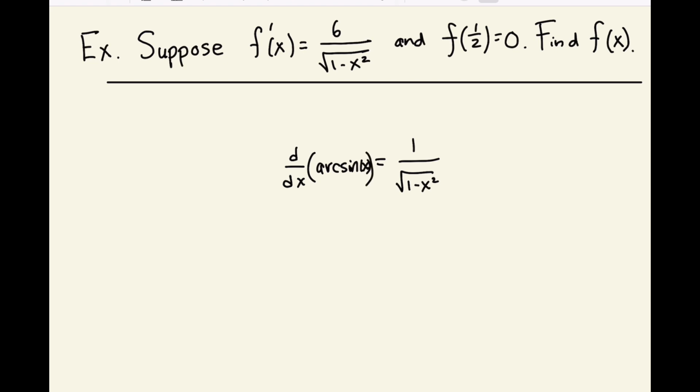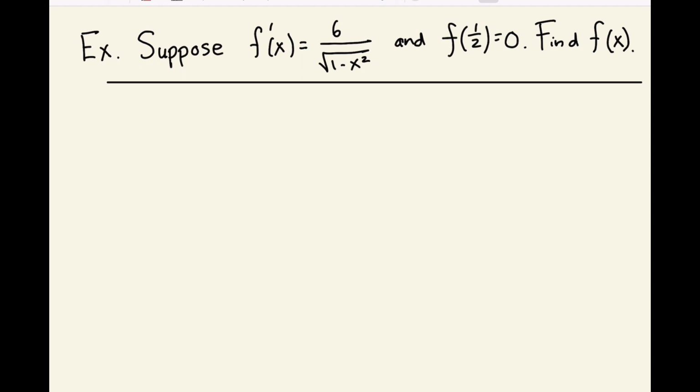So if you notice this, then you say, hey, if the derivative of arcsine gives me this guy, that can actually help me work backwards and say that the antiderivative of this function is arcsine x. And so that's what I'm going to use here. That's why it's good to know your derivative formulas really well.